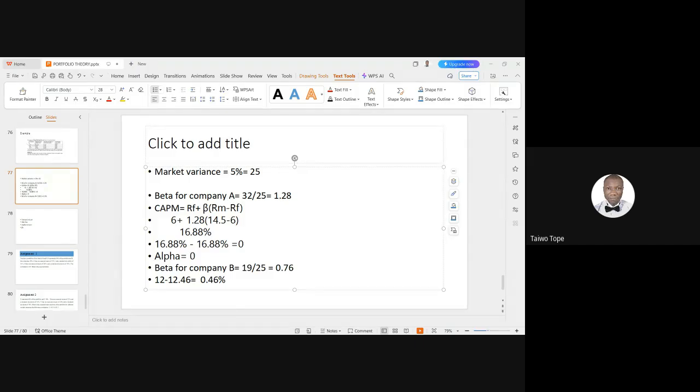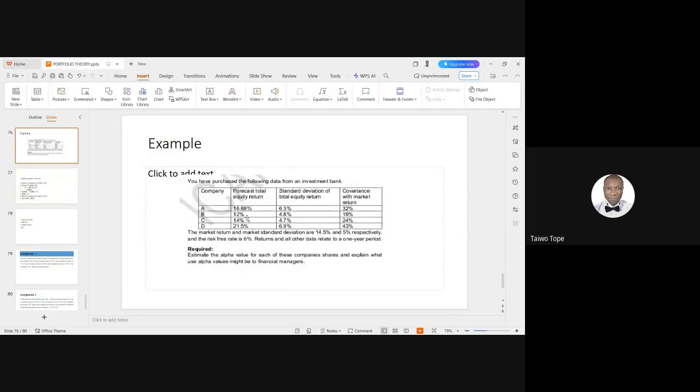So you compare what you computed with what is given to you in the question. What do you have in the question as your return? 12%. When you use CAPM, your outcome should be 12.46%.